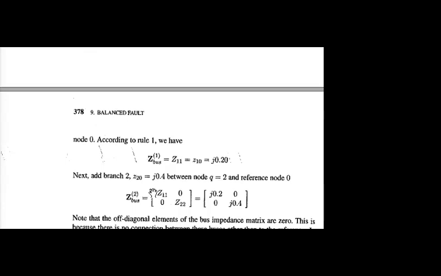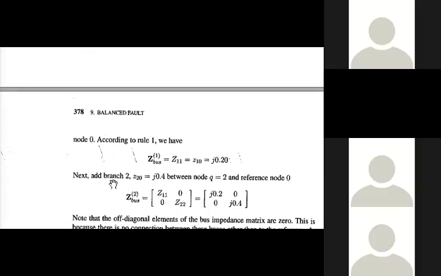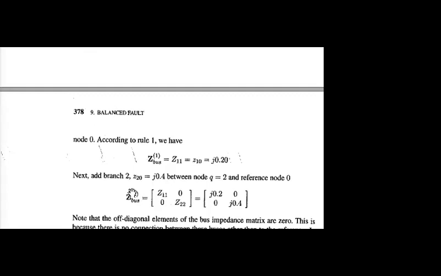What we have to do is extend that matrix from a single element to 2 by 2 because of the second branch connection. That means your matrix size increases from a single element to a 4 element, 2 by 2 matrix, and in that matrix only the diagonal elements are there. That means Z11 and Z22. Z11 will be the earlier value, which is z10. Z22 will be small z20.